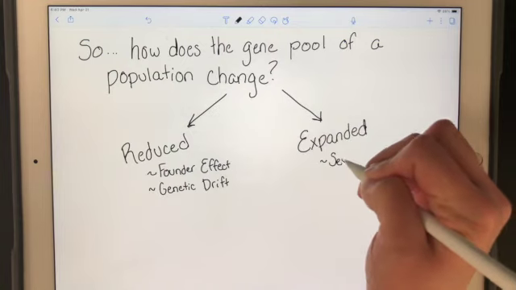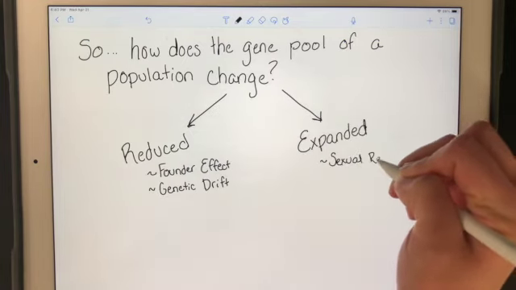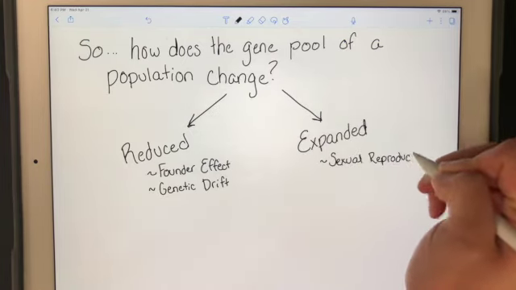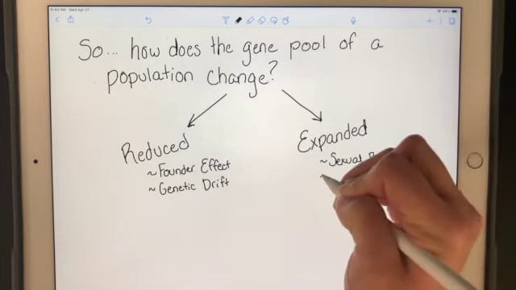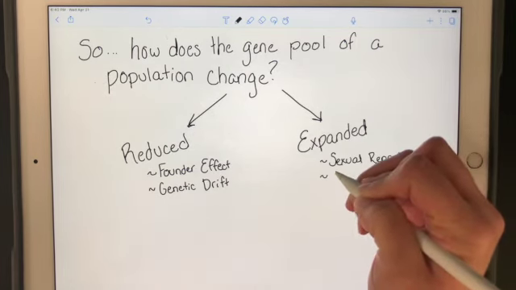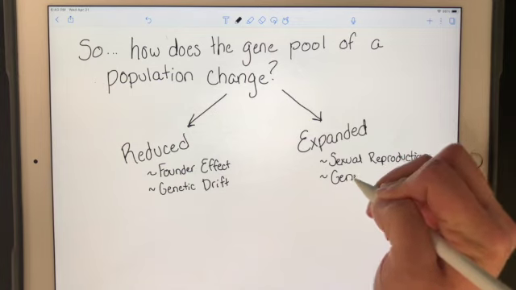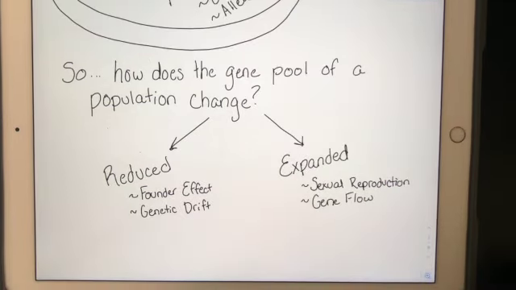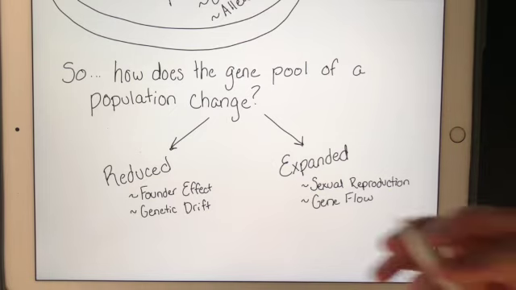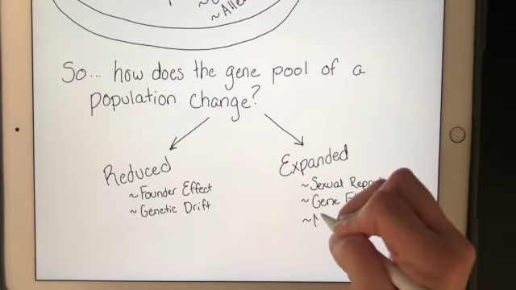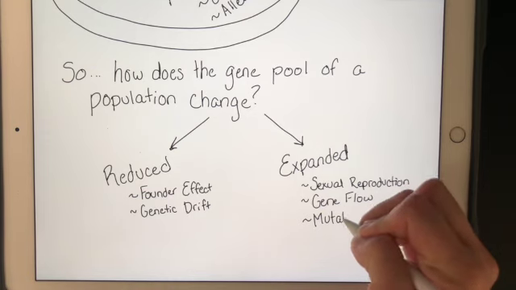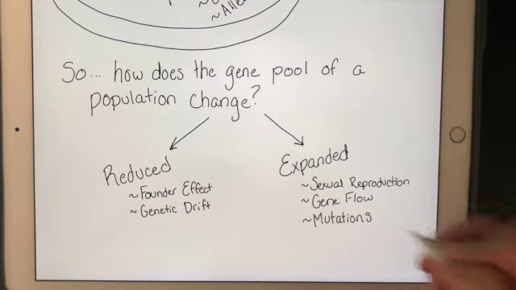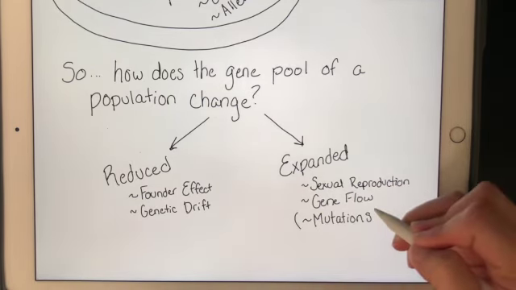That can be through sexual reproduction. And the other example that we're going to use for this video is gene flow. Another way that we can expand our gene pool is through mutations in a population. But because we talked about mutations so much in our genetics unit, we are not going to sketch this out.